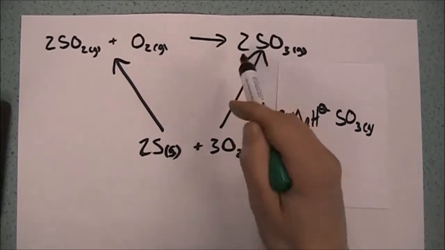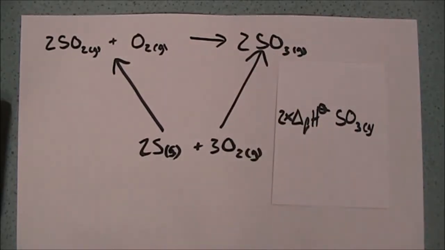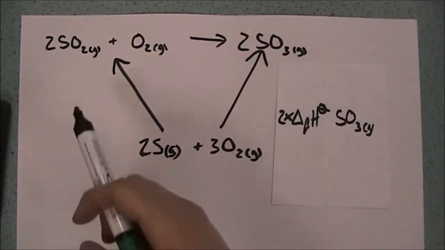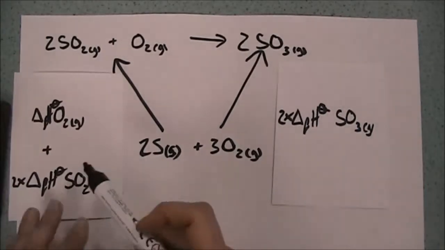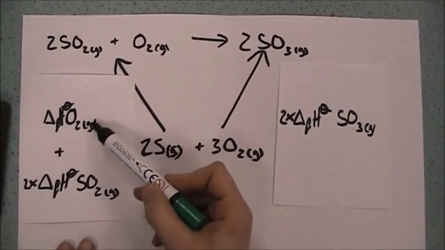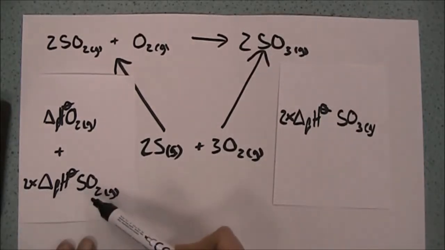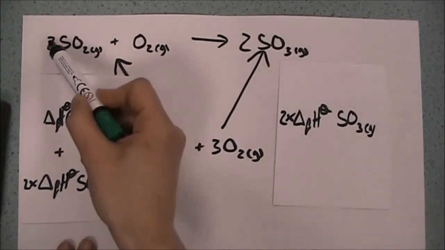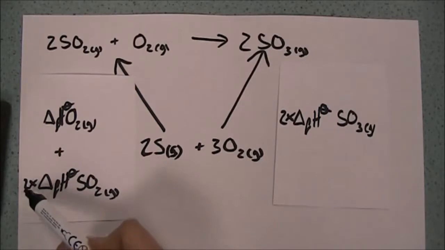On this side I'm going to put the enthalpy change of formation for oxygen and the enthalpy change of formation of sulfur dioxide. Again, we've got twice as much sulfur dioxide, so I've put 2 there.